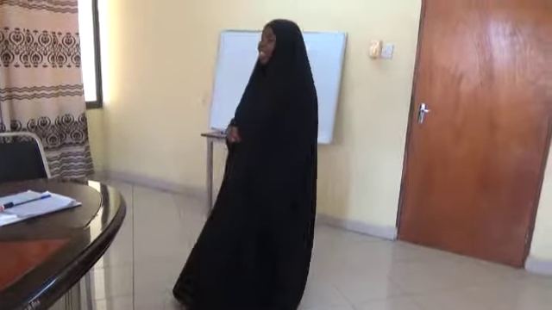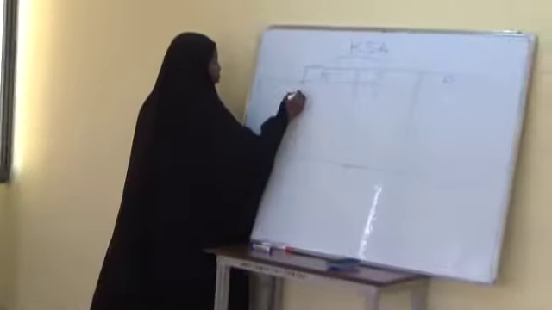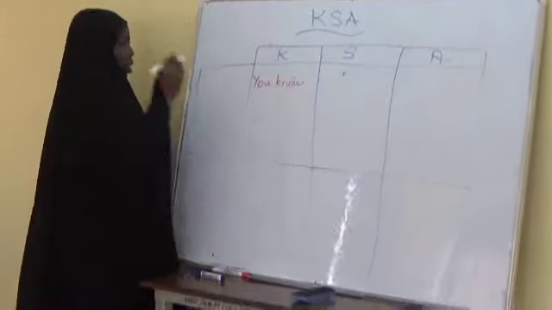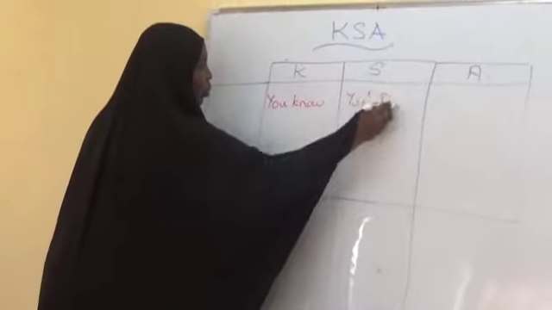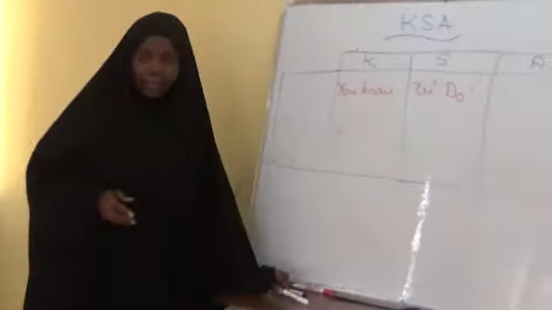So in the case of skill, we have said it is the things you do. Things you do. These are the things which you know. And these are things which you do. Okay? So that is a skill.